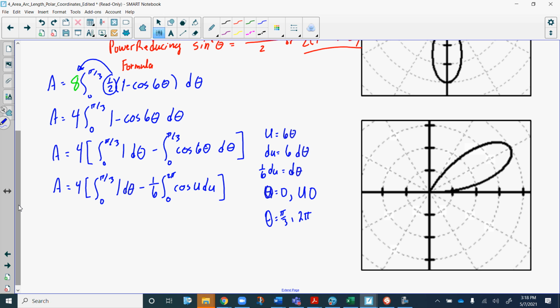And now this is where I think I can go ahead and start doing some anti-differentiation.